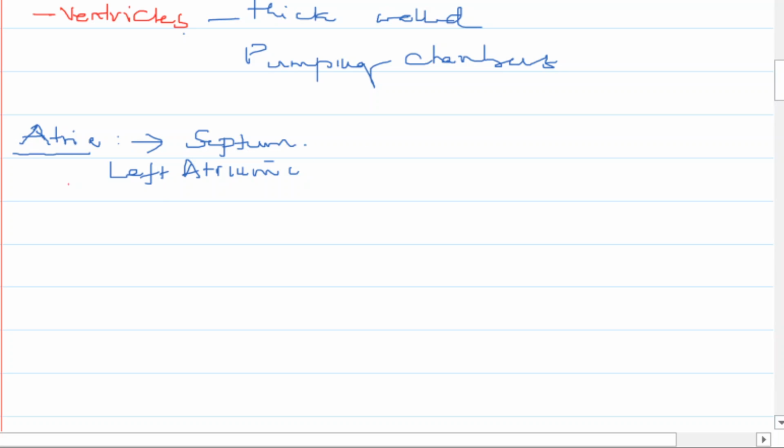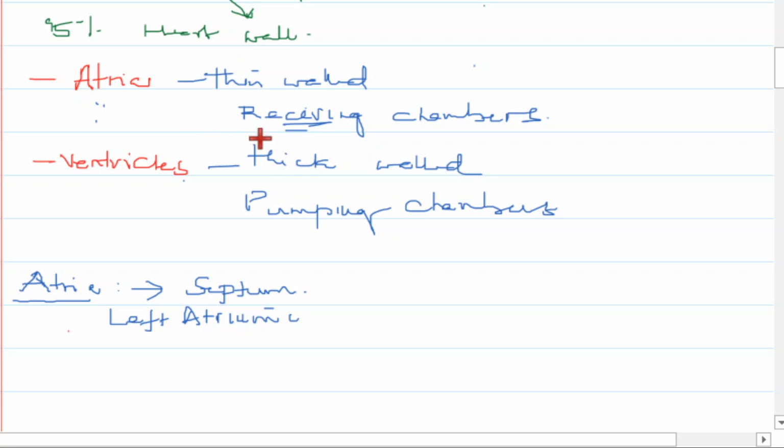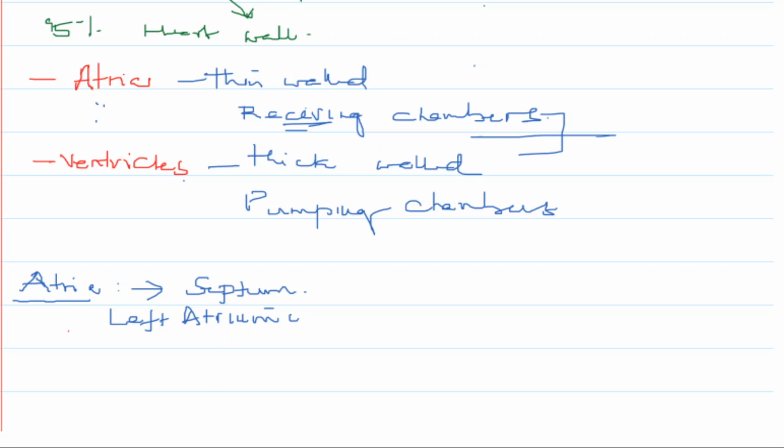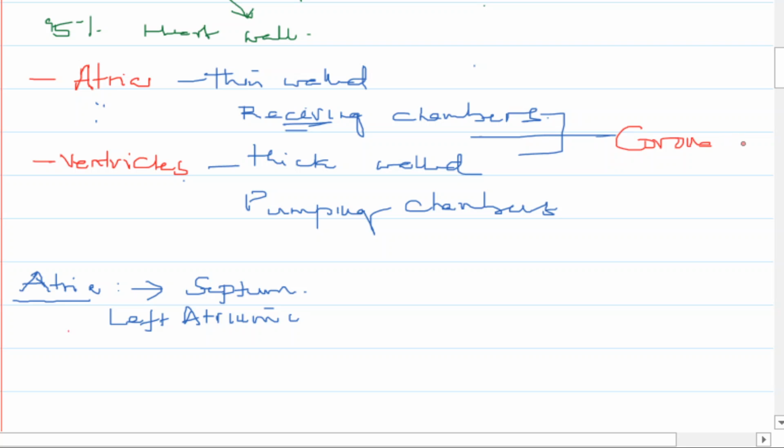Between the atria and the ventricles there is a depression called the coronary sulcus, a groove which you can see from the outside that differentiates between the atria and the ventricles.